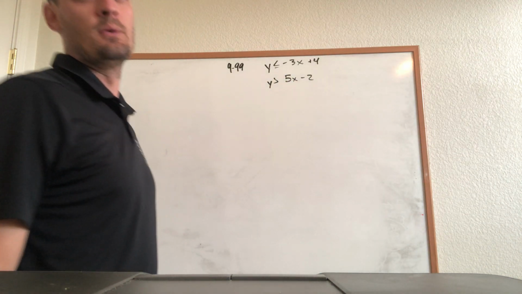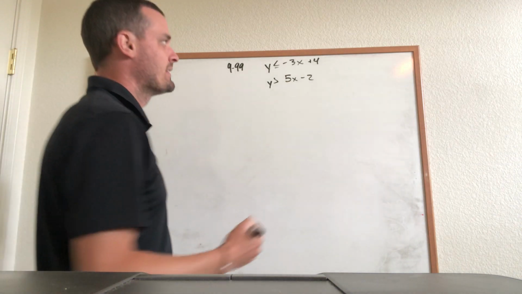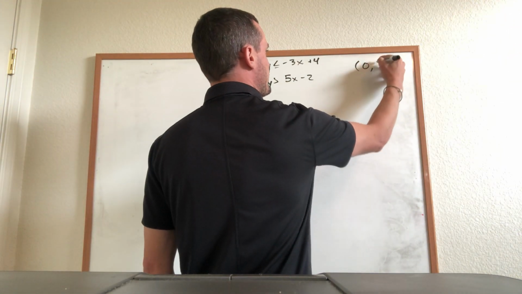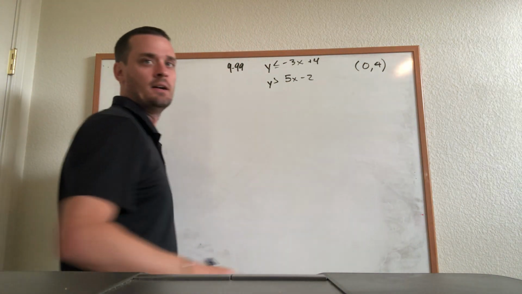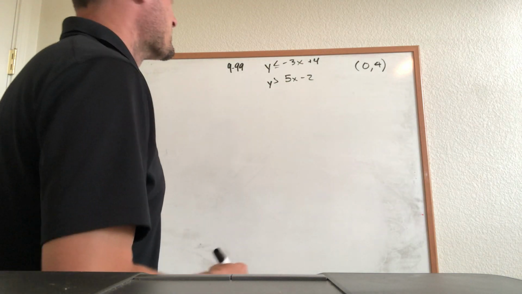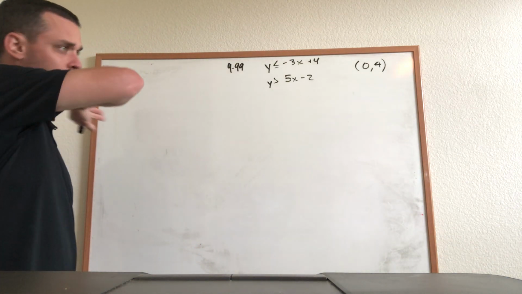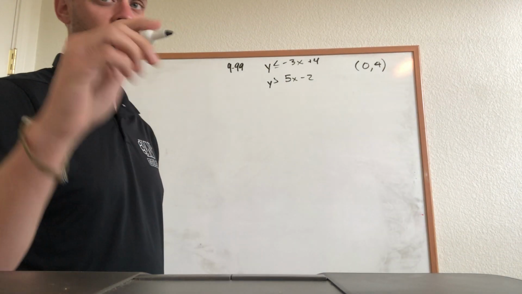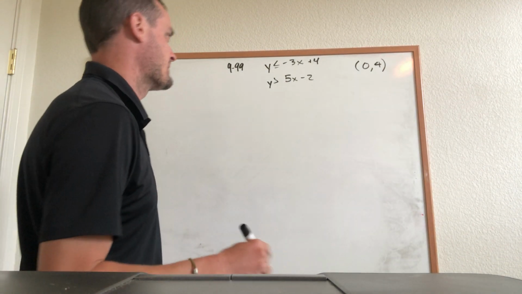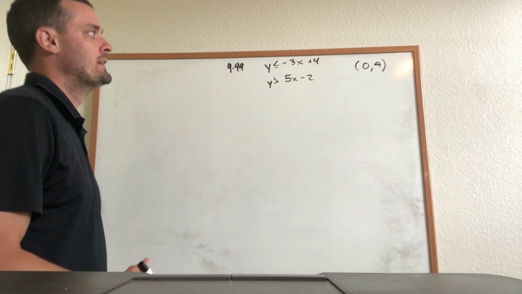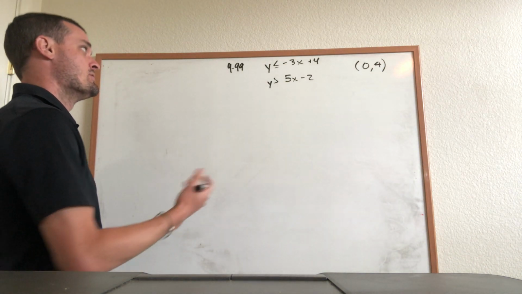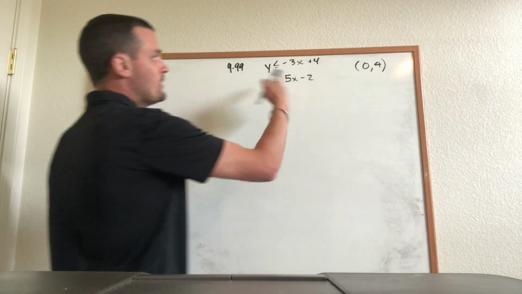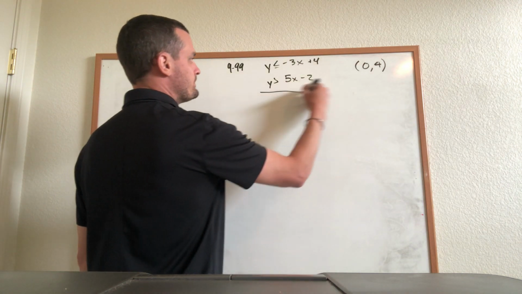They ask if (0, 4) is a solution to the system. If you have graph paper, you can sketch it and see if it checks out. You can also plug the point in to see if it works, so you don't technically have to graph this. So you plug it into both.